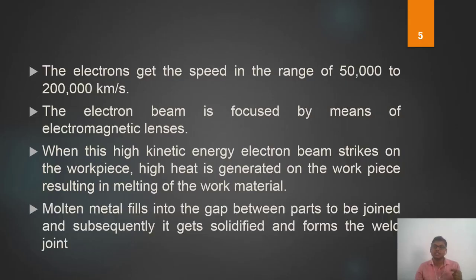Now molten metal fills into the gap between the parts to be joined. As soon as the electron beam falls over here, a keyhole, a very deep hole, is formed, because the metal from there is evaporated. Then when the beam travels, that keyhole, that deep hole, is also traveling with the beam. The previous hole, the hole which was prepared earlier, is filled by the molten metal which is coming.